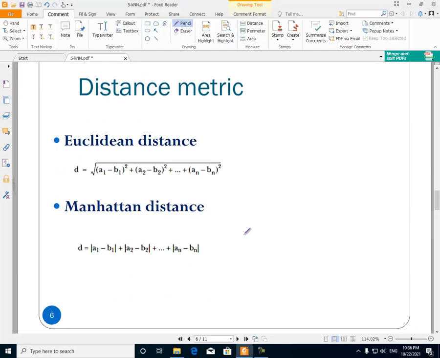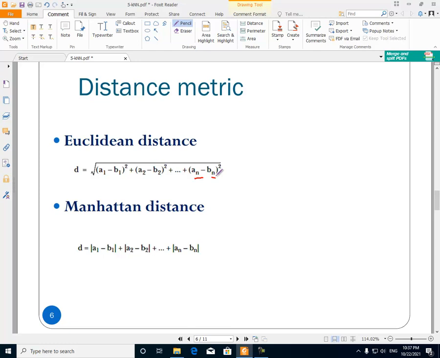These are the formulas of the distance metrics that I talked about. The Euclidean distance is like this. If we have two data, A and B, each of them is a vector, and the dimension of A and B is n.